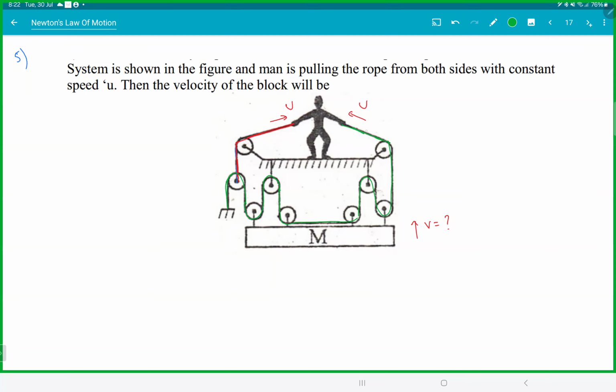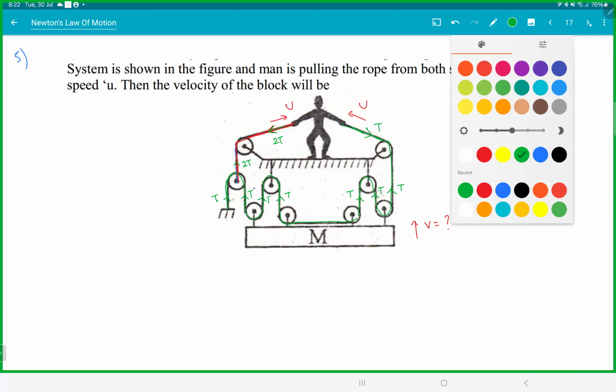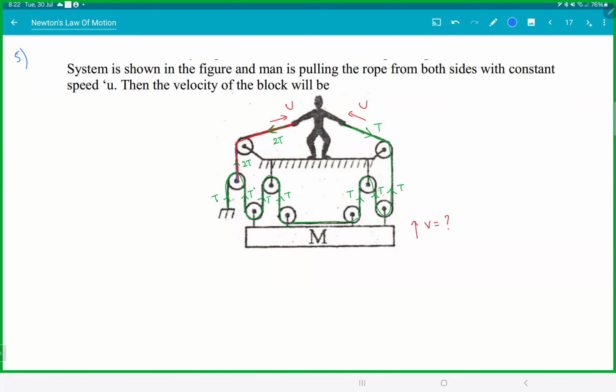Meaning, if you say this side the tension is T, this is T, this is T, T, T, T, then this guy will be 2T. On both the sides, the tension is different, everyone. So this side, the tension is 2T. The rope has changed. Do have a look at the rope change there. So there are two different strings on either side.